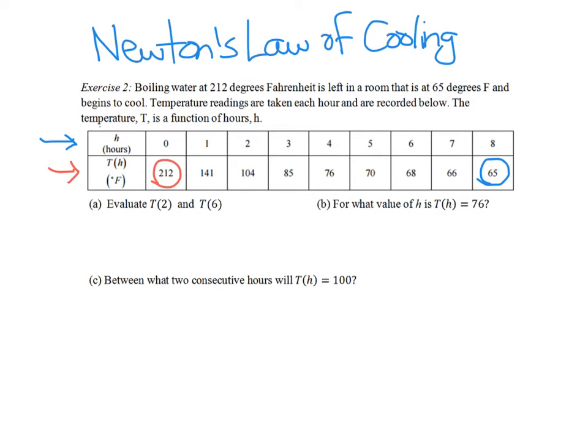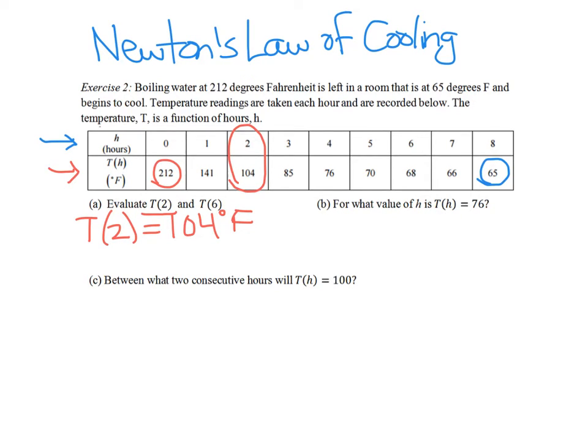And that's actually the first question that we want to answer. We want to find T of 2. Well, T of 2 just means what's the temperature, what is the output at time 2. So for us, T of 2, according to this table, is equal to 104. Now, since this does have a unit, we're going to write it as 104 degrees Fahrenheit.